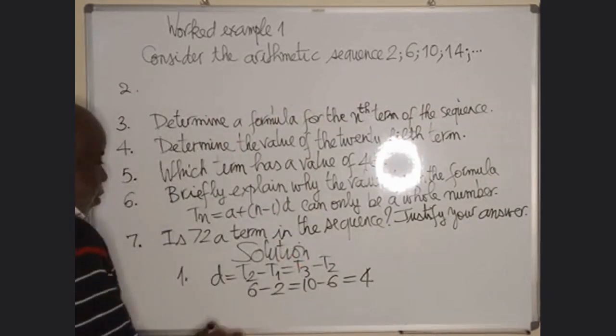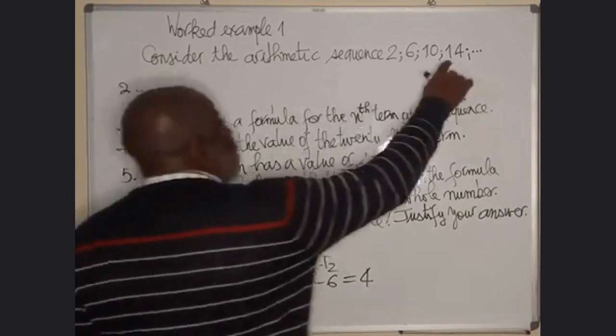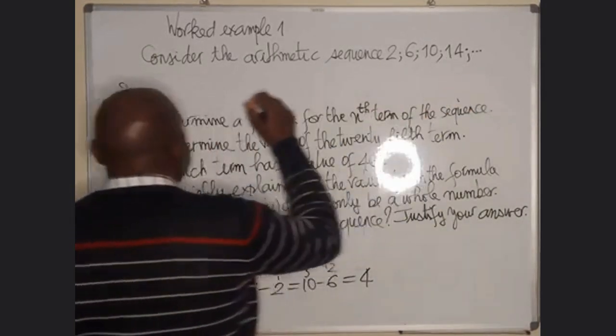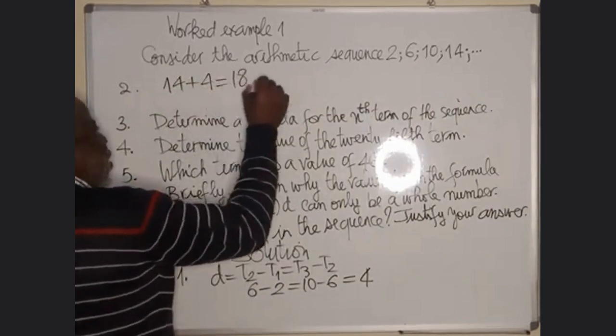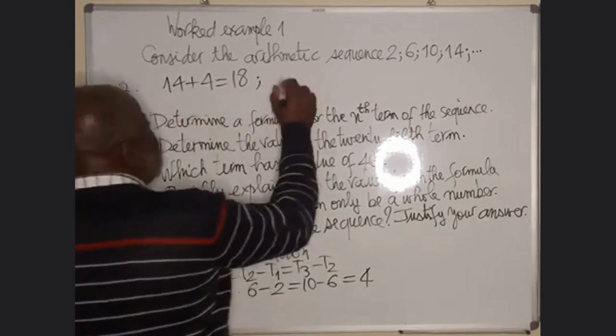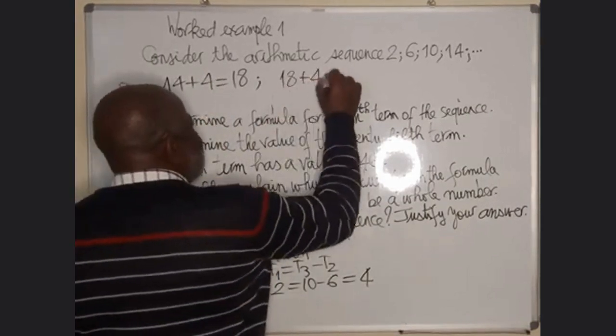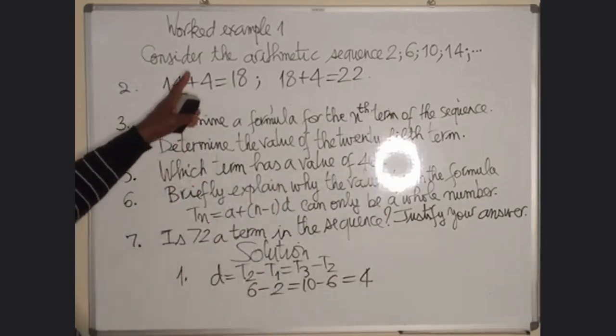The last term is 14, so it's going to be 14 plus 4, we get 18 as the next term, and 18 plus 4, we're getting 22. These are the 2 next terms of our sequence.